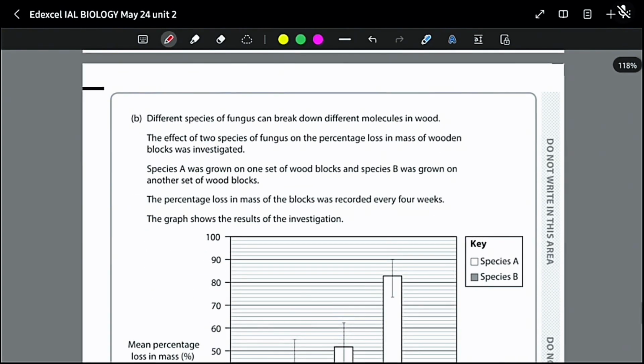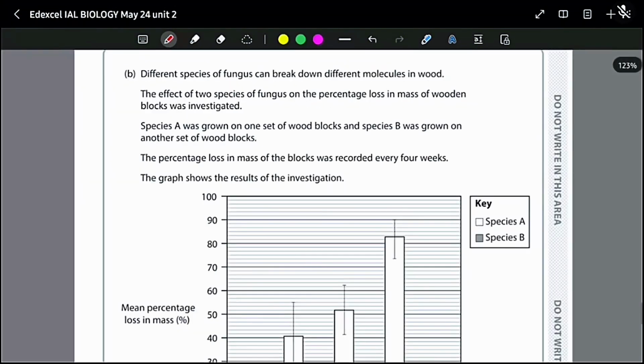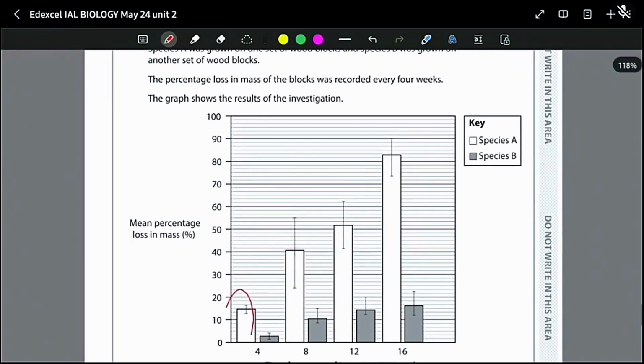Different species of fungus can break down different molecules in wood. The effect of two species of fungus on the percentage loss in mass of wood blocks was investigated. Species A was grown on one set of wood blocks, and species B was grown on another set of wood blocks. So here we see species A, the whiter ones, and species B, the darker ones.